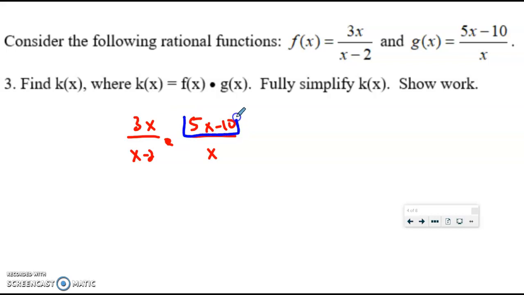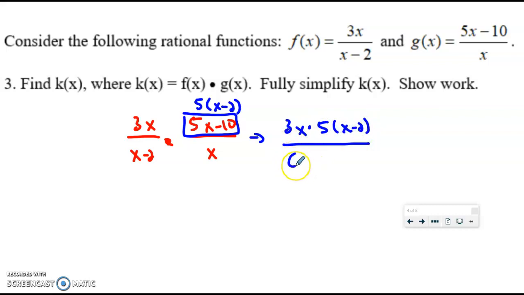So I'm going to try to factor this out. It looks like 5 is the greatest common factor. So I can say it's 5 times x minus 2. So right now, I have 3x times 5 times x minus 2, and that's over x minus 2 times x. So that's in the denominator.